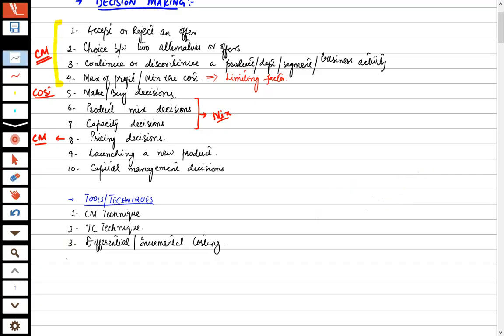And the number four technique is linear programming. I am sure you have done this in some of your courses. Have you done linear programming, feasible region, profit maximization or not? Is it linear regression analysis? No, it is not linear regression.